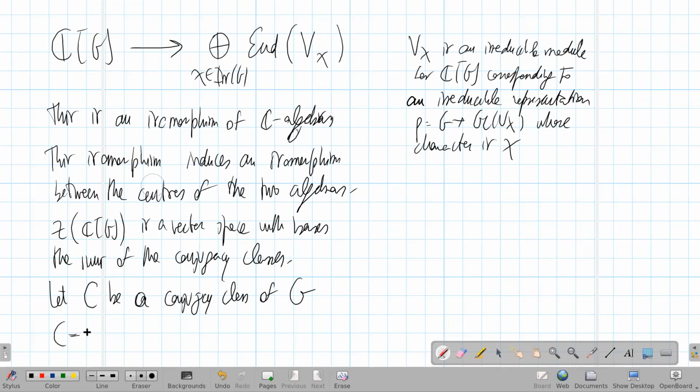So C will be of the form all the conjugates g to the x, where x ranges over G. So this is the conjugacy class of the element g. And we denote with sigma of C the sum of the elements of C, each element being taken once, okay?